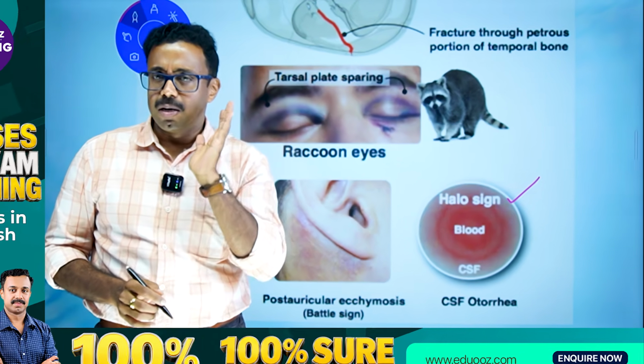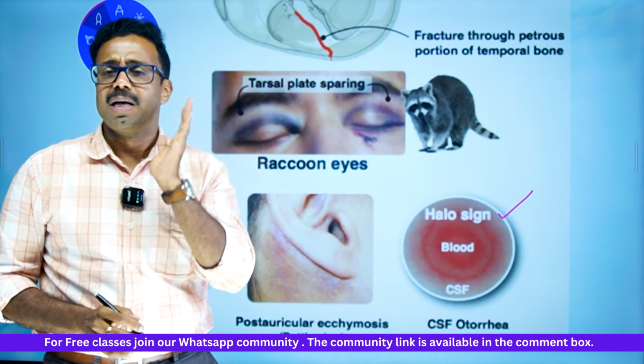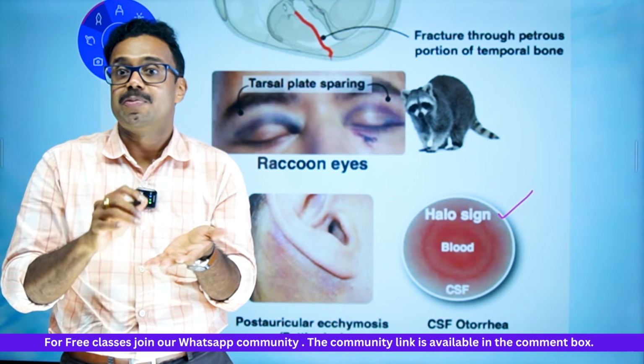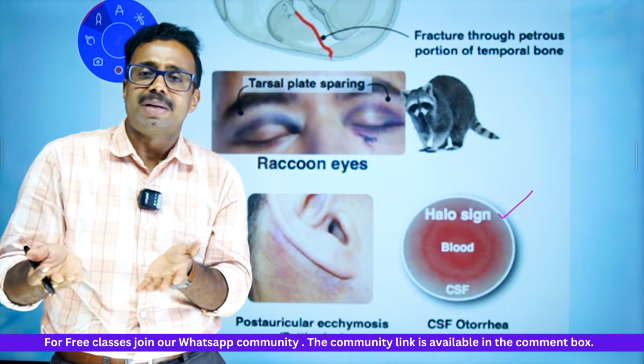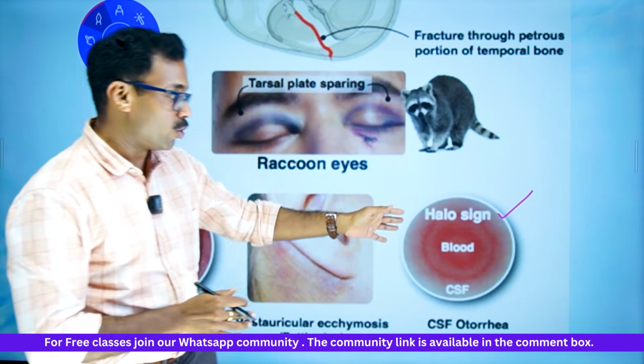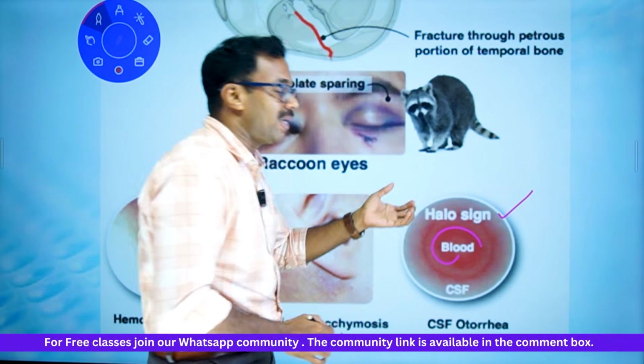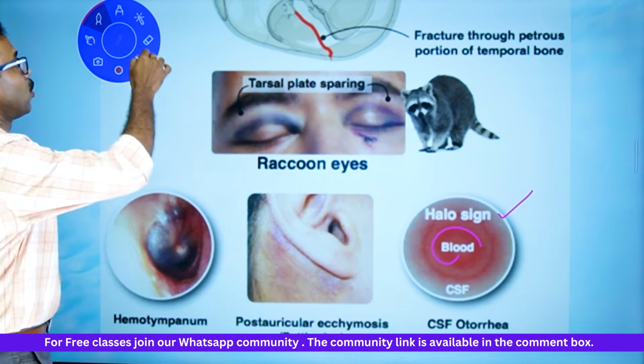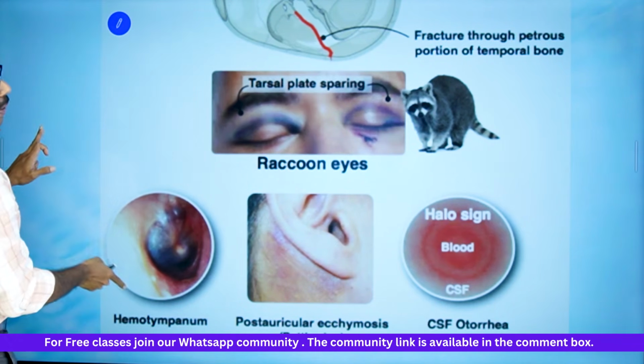Whatever fluid is draining from the nose or ears, we have to collect in a sterile gauze piece. After some time it will give an appearance similar to this, that is blood surrounded by a yellow halo. That is called the halo sign. So, coming back to our question.